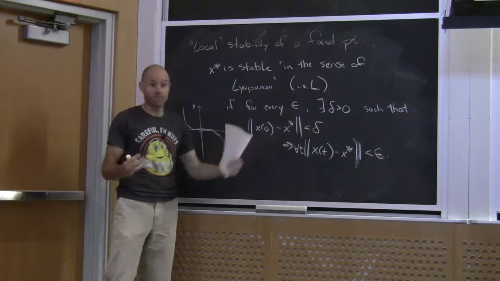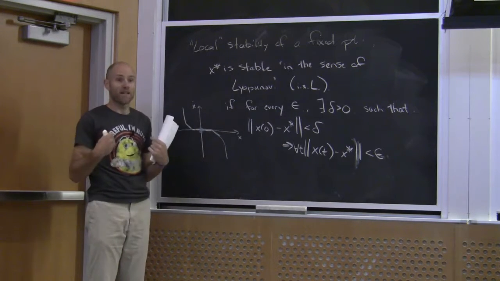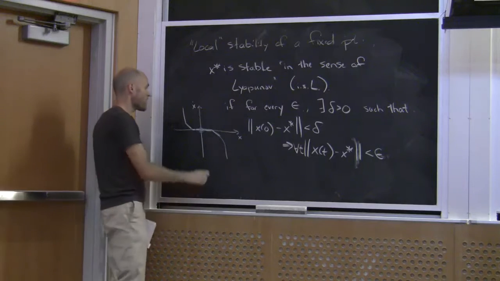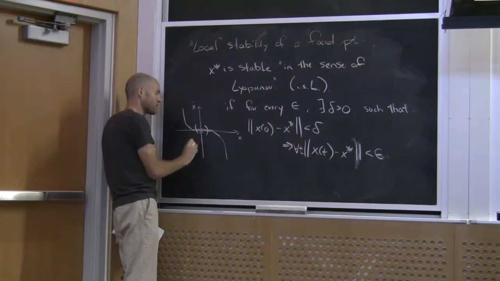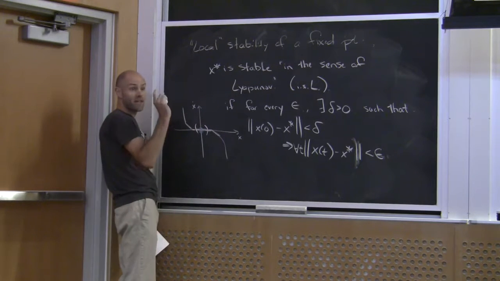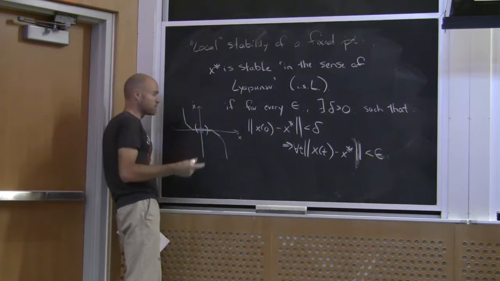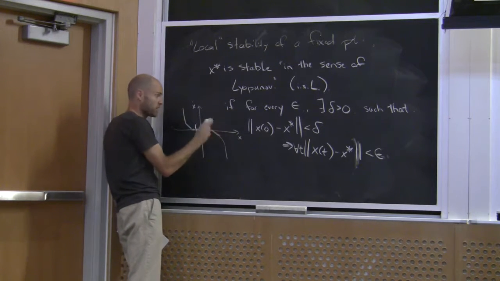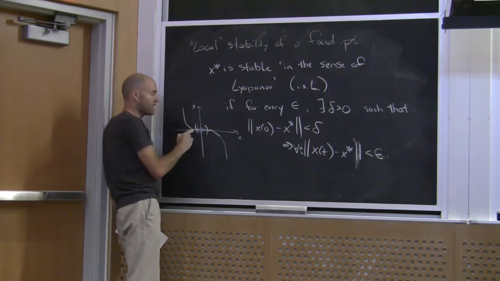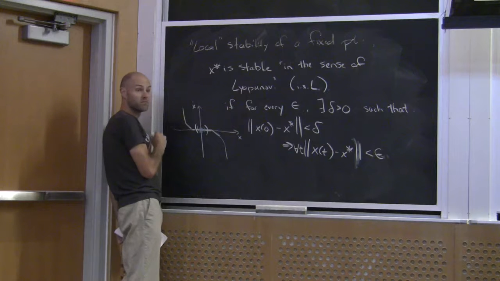You tell me an epsilon. I have to be able to find you a delta. So you say, I want to guarantee that I'm never going to leave this interval, and I'm allowed to pick any interval that's close to the origin. I have to be able to find you some delta, which presumably is going to be smaller than epsilon, such that if I start in there, I'm never going to leave your interval.